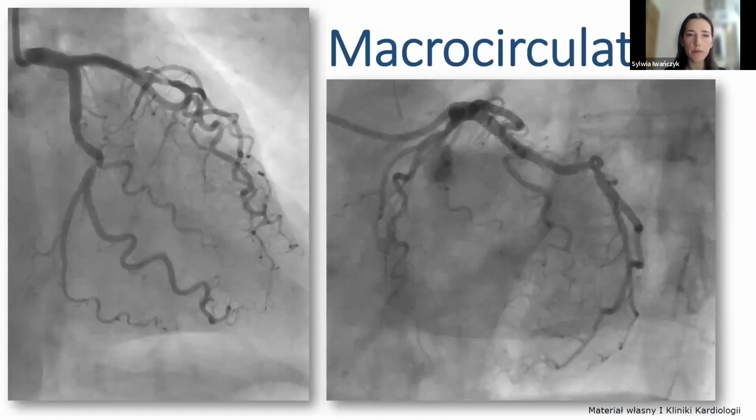And this is a very well-known picture for all of us. These are epicardial coronary arteries in coronary angiography, but it's not a full view of the coronary circulation.